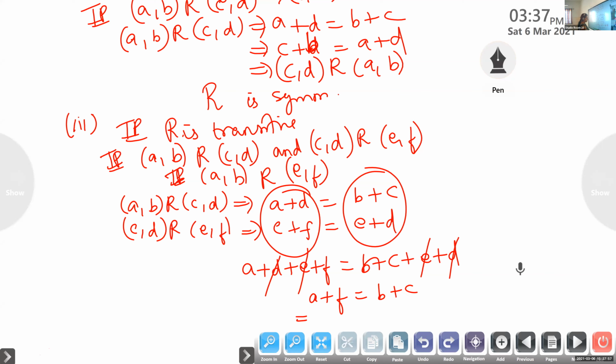So that is ordered pair (a, b) is related to ordered pair (e, f). Therefore, R is transitive. Therefore, R is an equivalence relation.